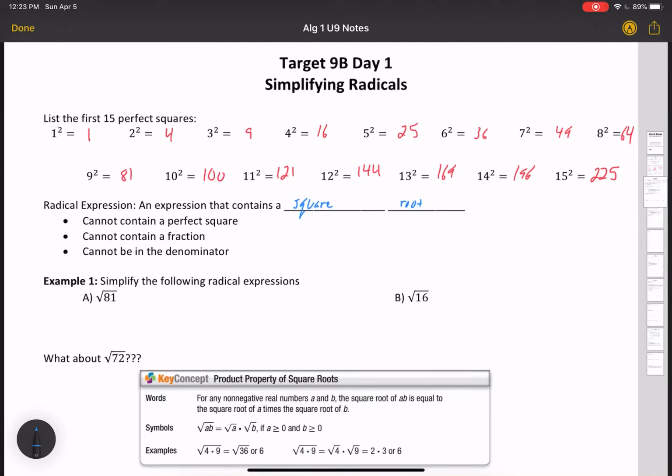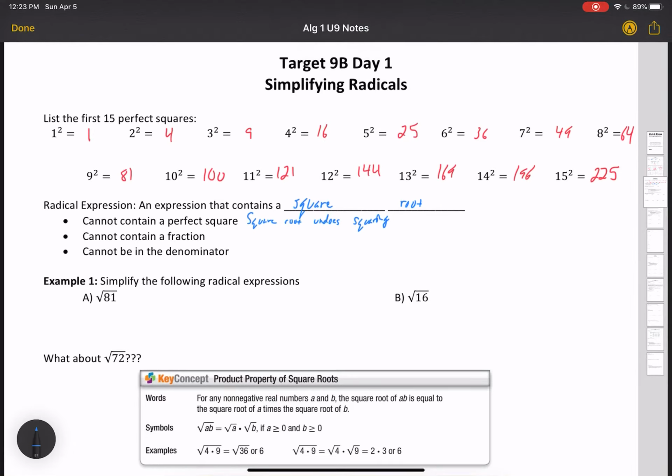And there are a couple of rules. Underneath that square root, there cannot be a perfect square because we can simplify that, because square root undoes squaring. So there can't be a perfect square under that because we can simplify that further.